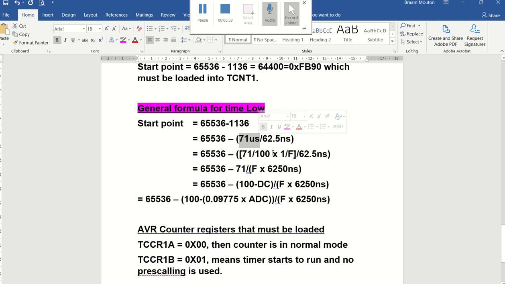And then what happened here is, we got 71% of 100 microseconds, and that 100 microseconds was 1 divided by 10 kilohertz. So now I would basically change that to 1 over the frequency, and by doing a little bit of mathematical changes here, we can come up with a formula that looks like this one.